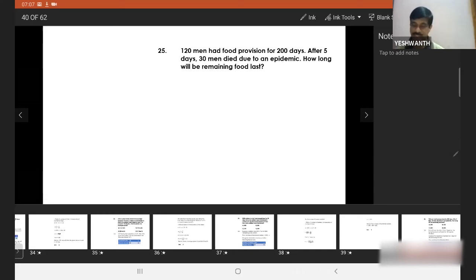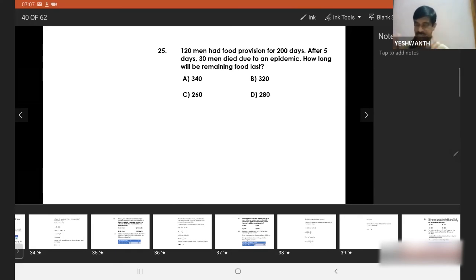Out of 200 days, for 5 days it is at the same rate. So for the remaining days, it is different for different men. 120 men becomes 90 men because 30 men died. So the remaining food should be for how many days? That is important.